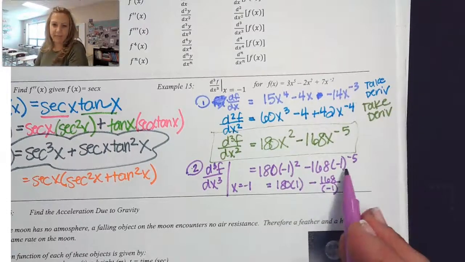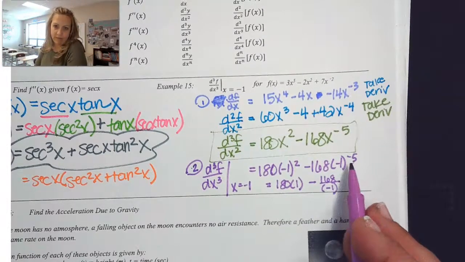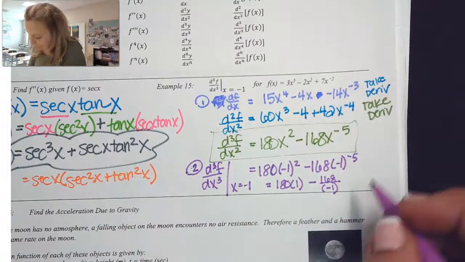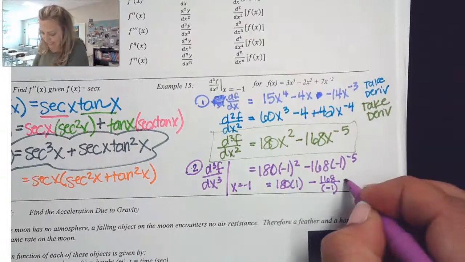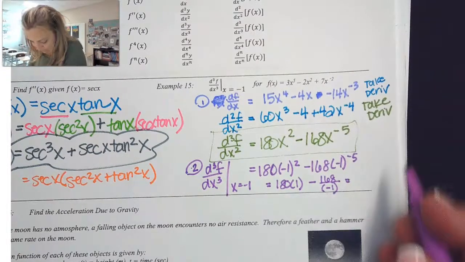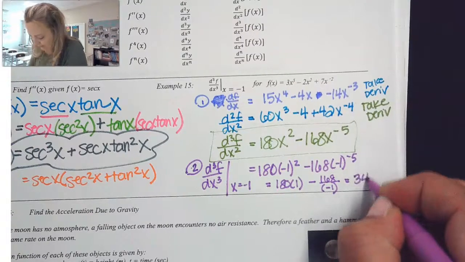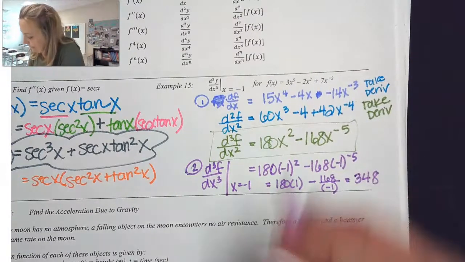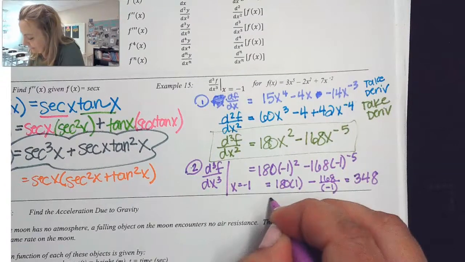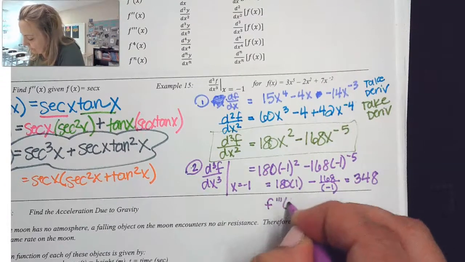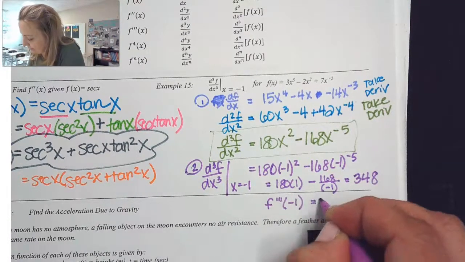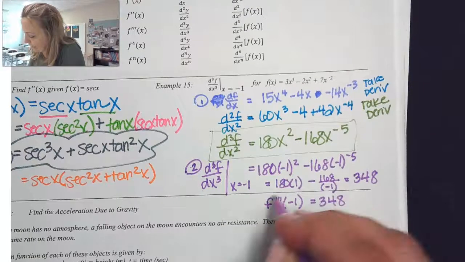If I take -1 to the -5th, that'll just be -1. So essentially that's going to be 180 plus 168, which is going to be 348. So that tells me that f triple prime of -1 is going to be 348.